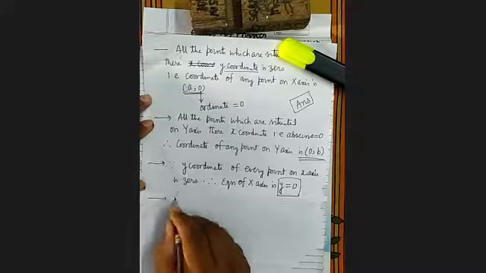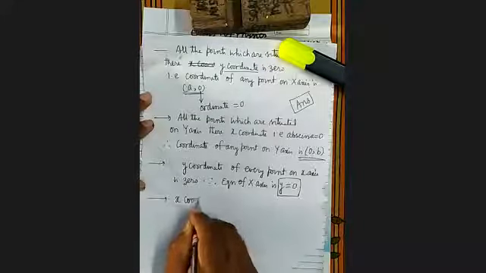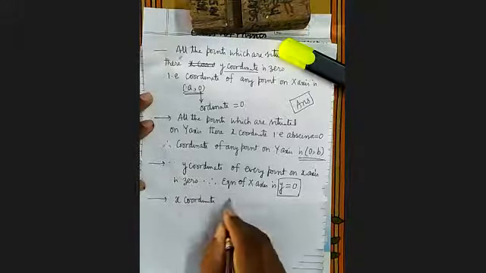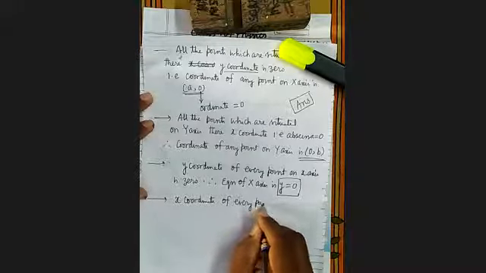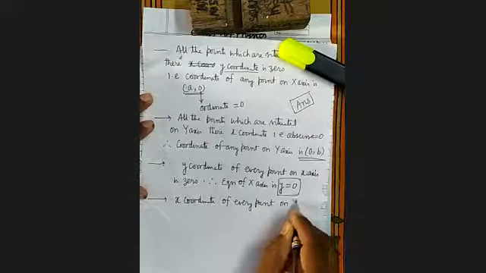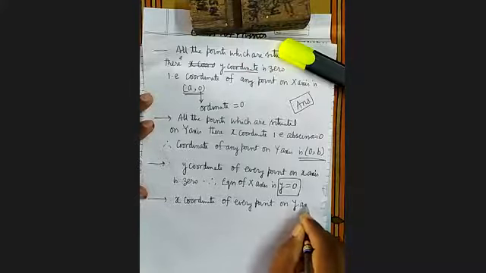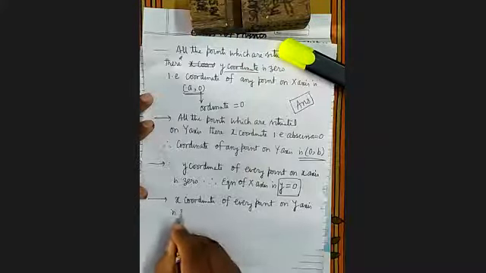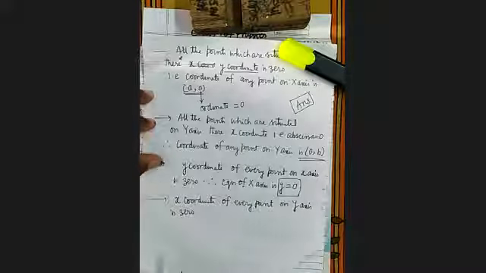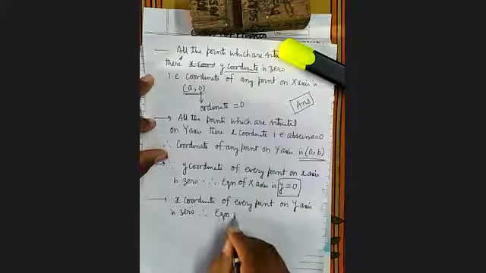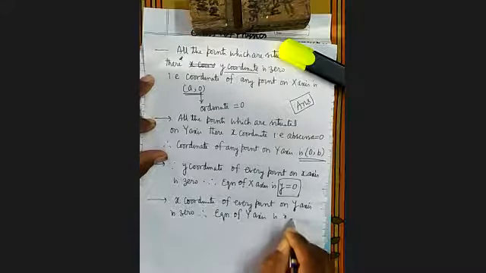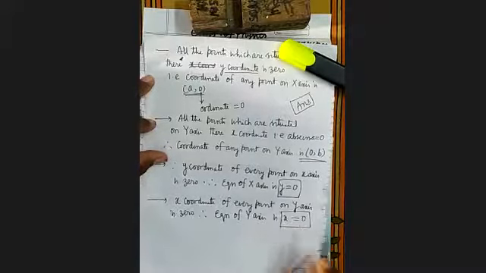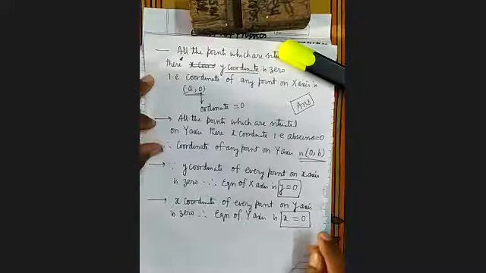Similarly, the x coordinate of every point on the y-axis is 0. Therefore, the equation of the y-axis is x equals to 0. This is the equation of the y-axis.